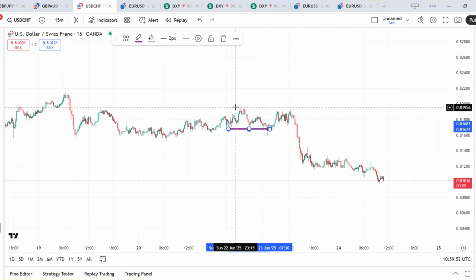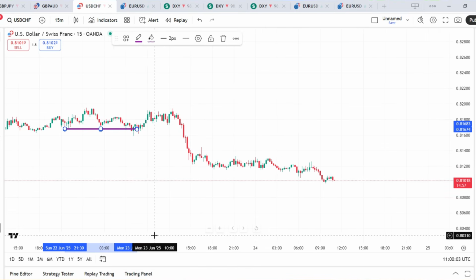I would put it slightly above, not exactly where the candle ends, and then my entries would be there. How would you have used this candle? I would have used this candle here. It gives me a good control shift candle. I would have taken that entry, and price would have just melted like that.